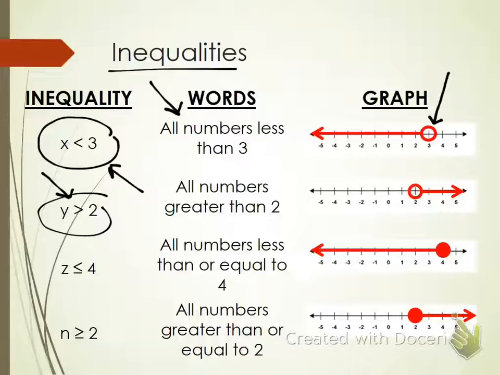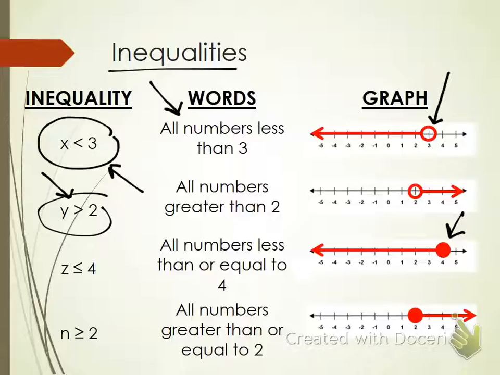Now, on the last two, what symbol is this? Right here, which one is this? It is less than or equal to. So since it has the equal to component, that bar underneath, my dot will be closed in because it could be that number.